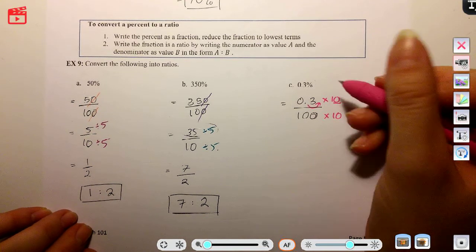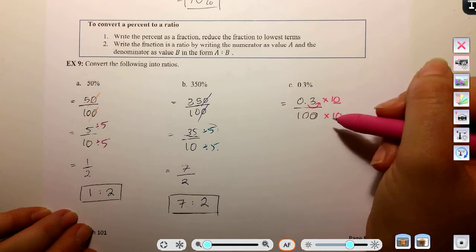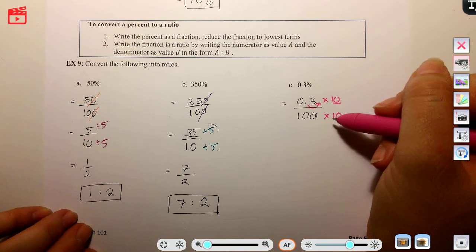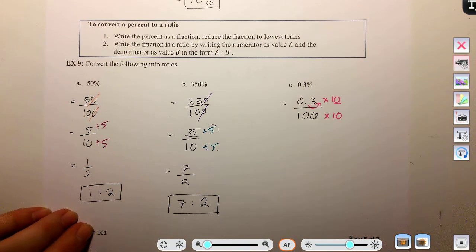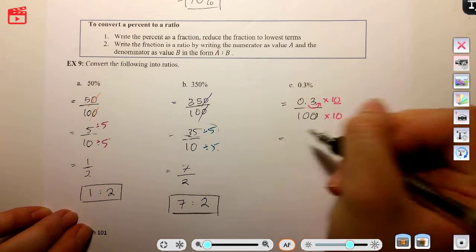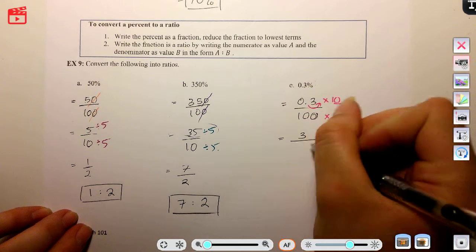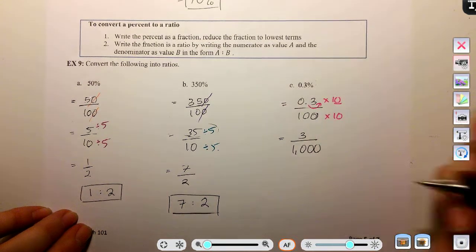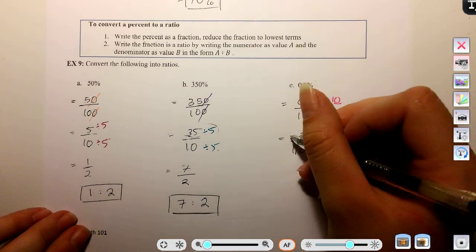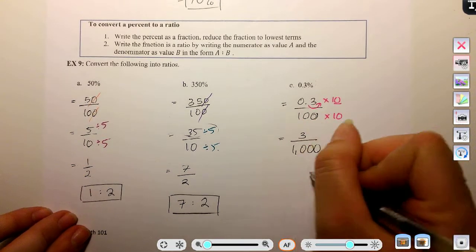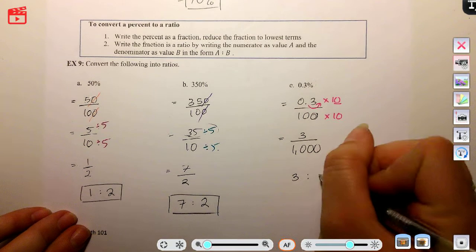What you multiply to the top, you multiply to the bottom. Very good. Balance. All things in balance. So it's going to be 3 over 1,000. 3 cannot go into 1,000. We're done. Oh, sorry, we're not done yet. I have to write that as a ratio. That's going to be 3 to 1,000.